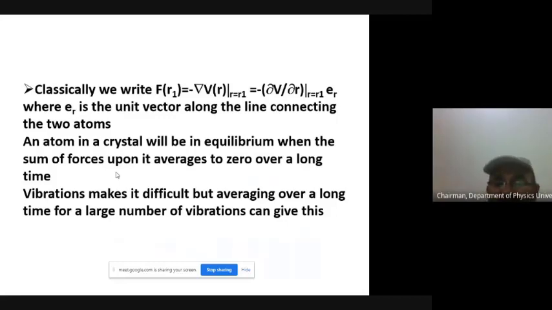Vibrations make it difficult, but averaging over a long time for a large number of vibrations can give this. And I had given you the example: if you ask about a teacher, is he in the department, no one can say whether he is in or not.